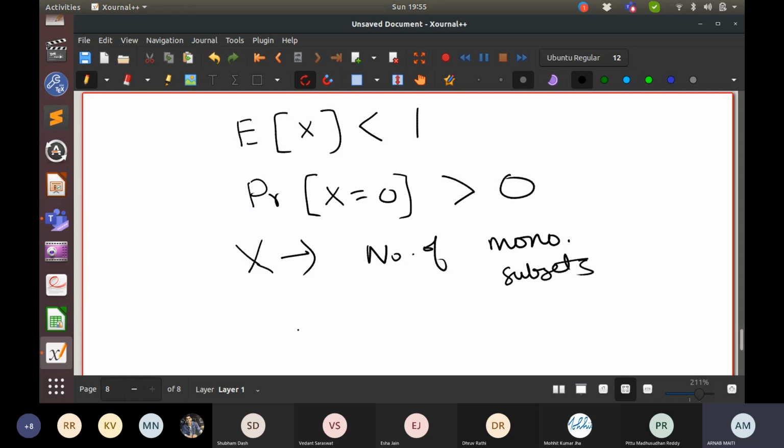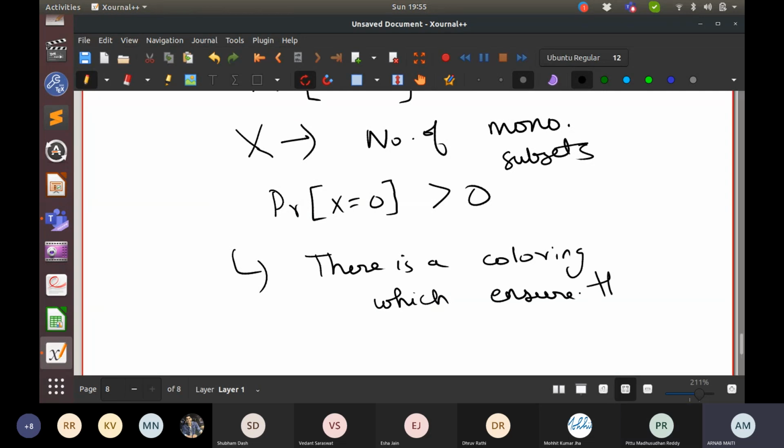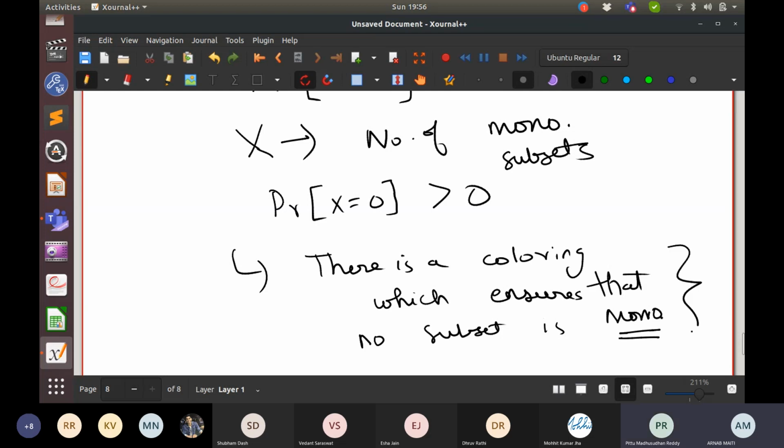So we are saying that the probability that x is equal to 0, which is the number of monochromatic subsets being 0, is greater than 0. So it means that there is a coloring which ensures that no subset is monochromatic. So that is what we proved.